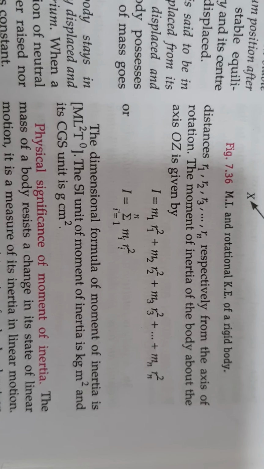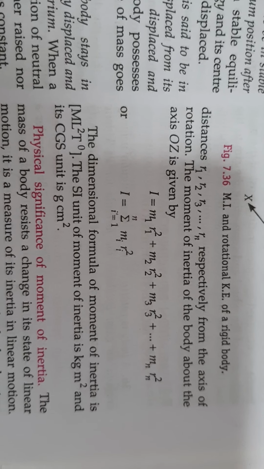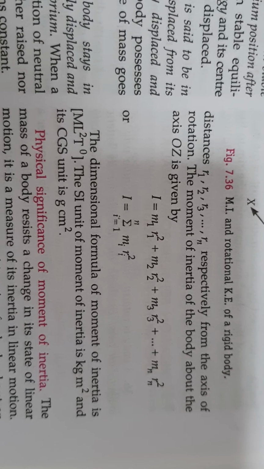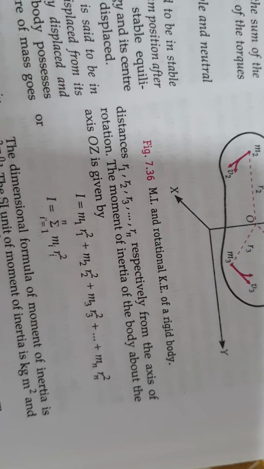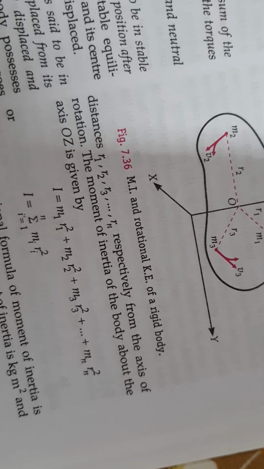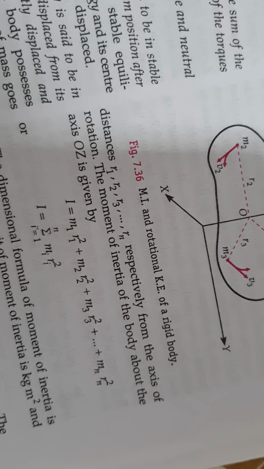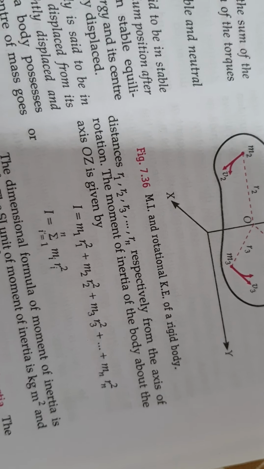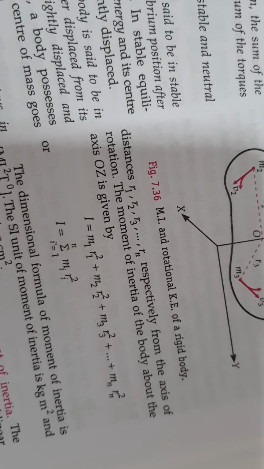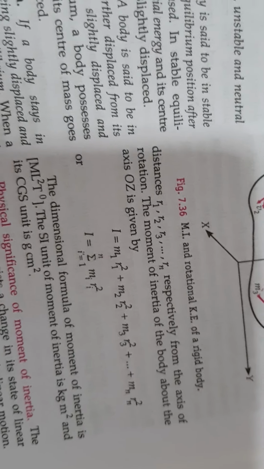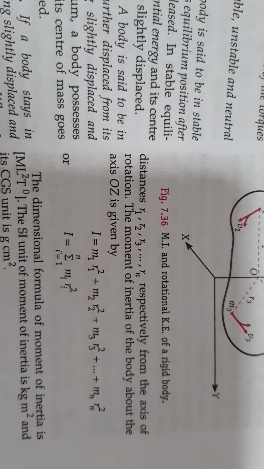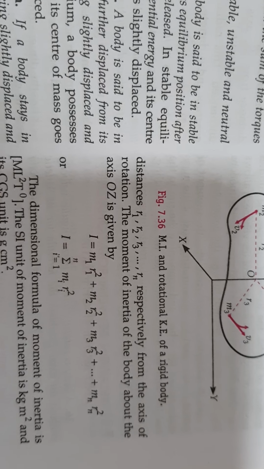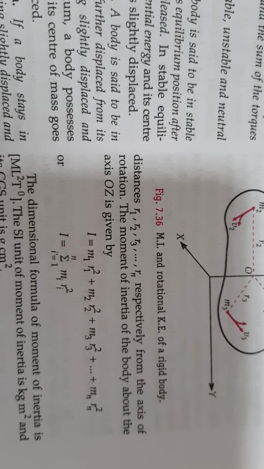So it is kg meter square and the dimensional formula is M L squared T to the power 0. Now see, why do we have to study this moment of inertia? I already told you that the role played by mass in linear motion is the same as that of moment of inertia in rotational motion.